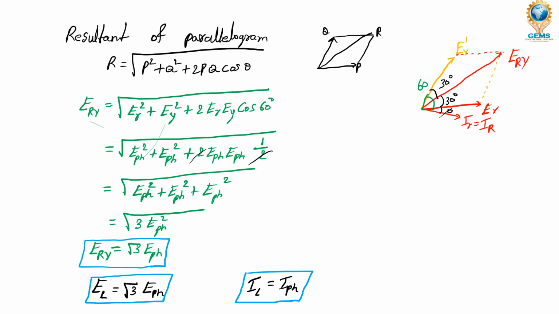And next, if we see the power formula, P equals 3 into the power supplied by each phase. What is the power supplied?